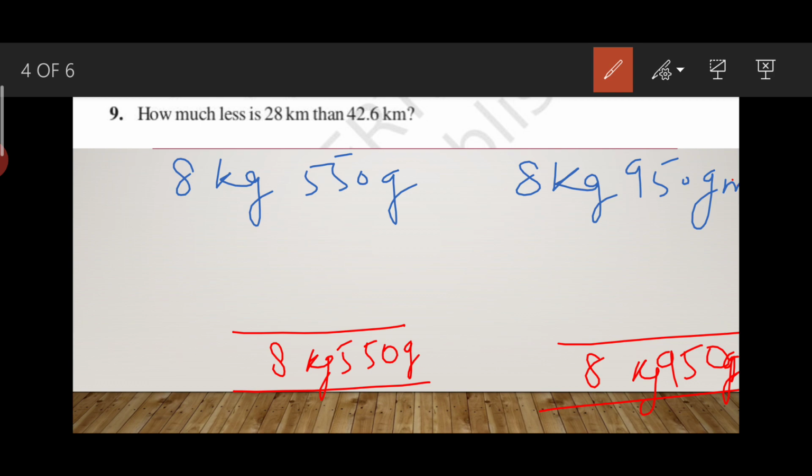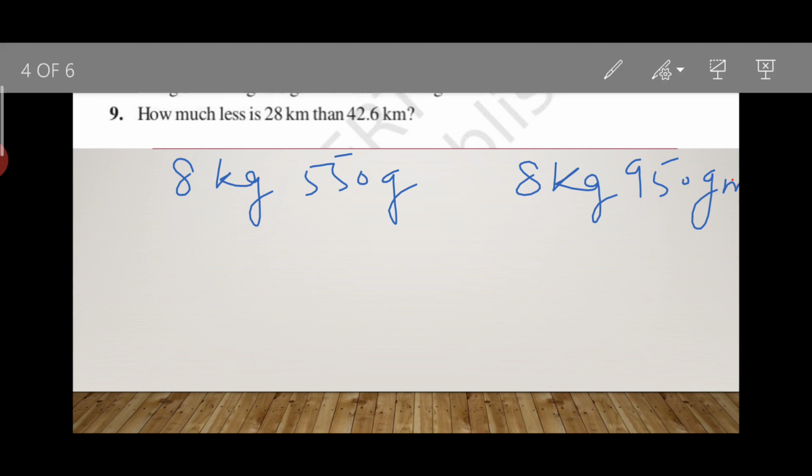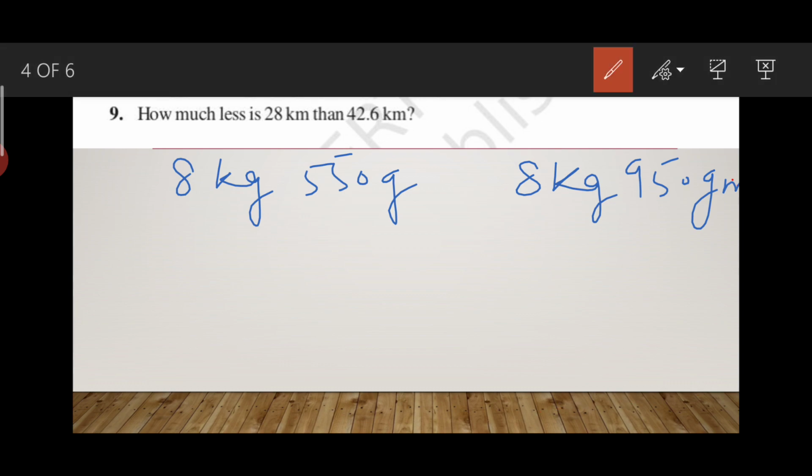First of all, let us convert it into a single unit, that is kg. So for this, what will you have to do? We will have to convert gram into kilogram, and 1 gram is equal to 1/1000 kg.